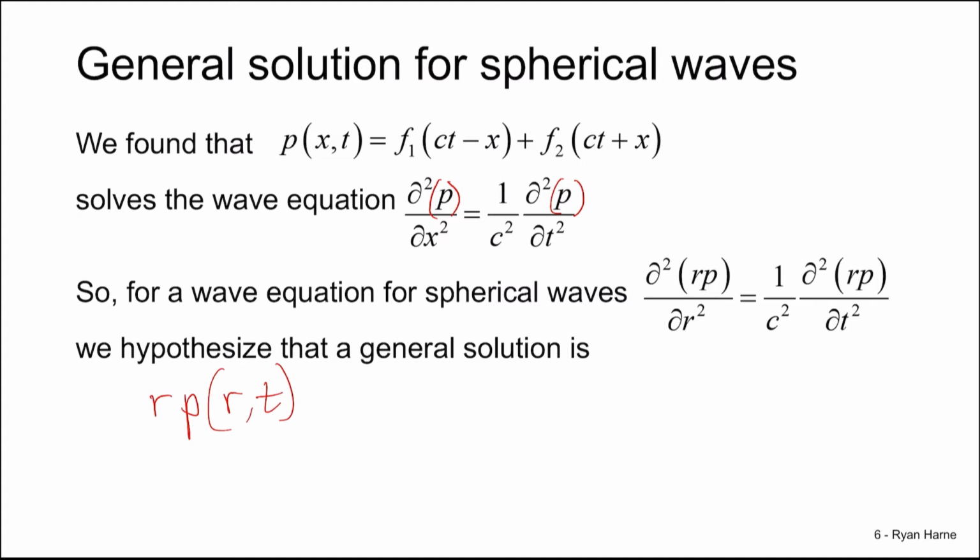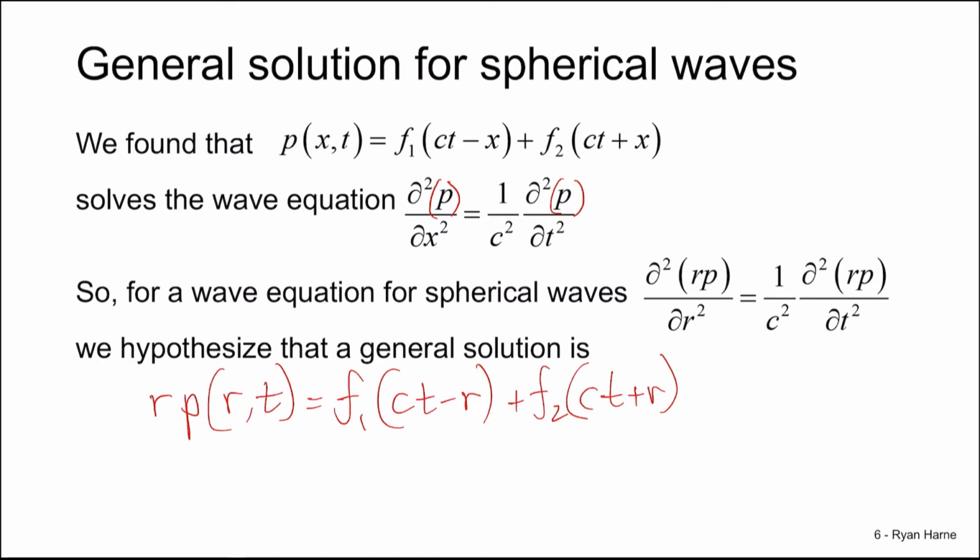So in this case, our general solution in the spherical coordinates will be r times p is equal to one function f1, which is a function of ct, not minus x, but minus r, plus another function f2, which is ct plus r.